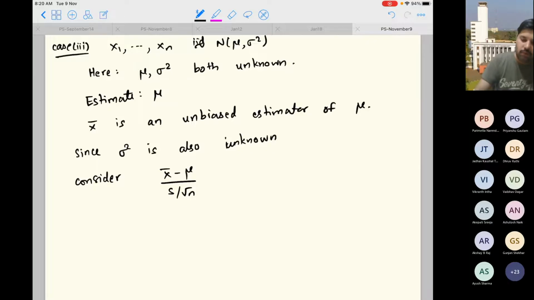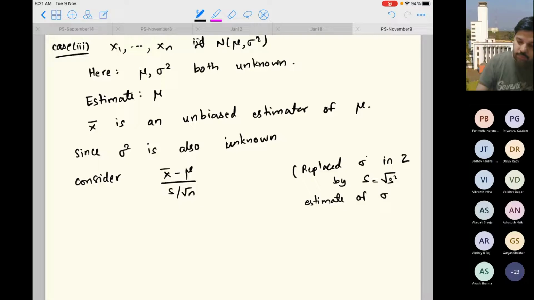Okay, so what did we do? We replaced sigma in z by s, the estimate of sigma. So we are replacing sigma by its estimate.